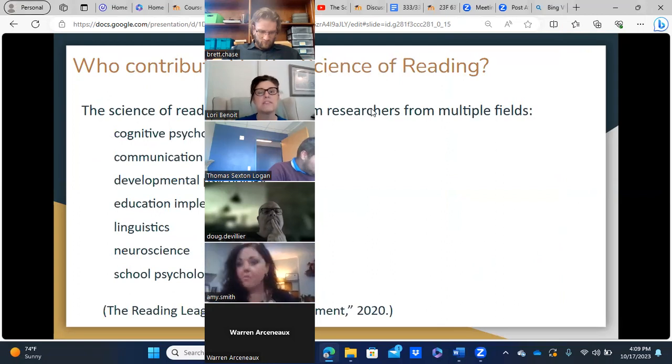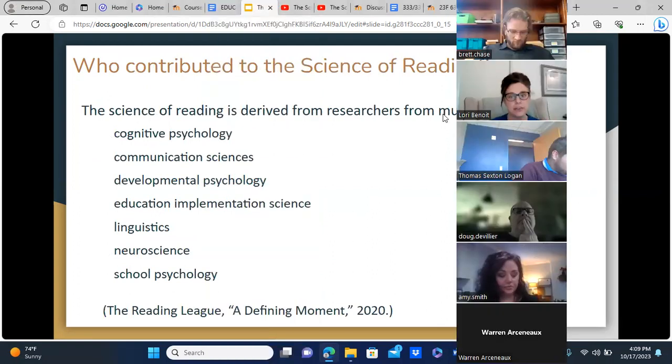So look at some of the fields that we've tapped into when we're talking about the science of reading: cognitive psychology, communication sciences, developmental psychology, education implementation science, neuroscience, linguistics.